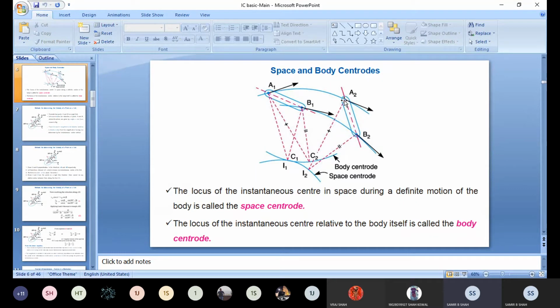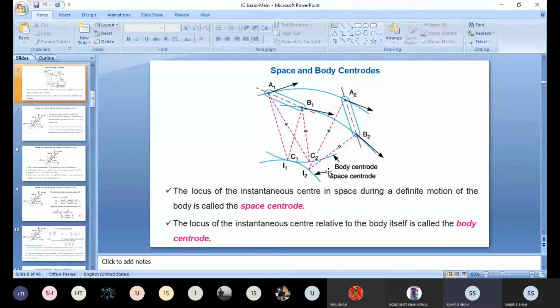Here we consider a mechanism in which one body is A1 B1 whose instantaneous center is I1, and A2 B2 whose instantaneous center is I2. So the instantaneous center is a point in a body which may be considered fixed at any particular moment.